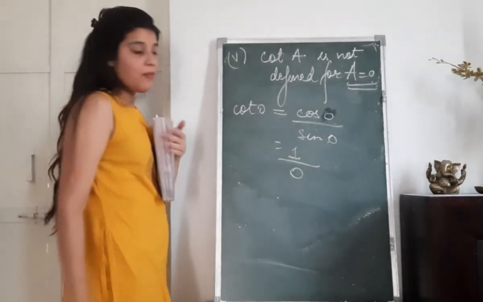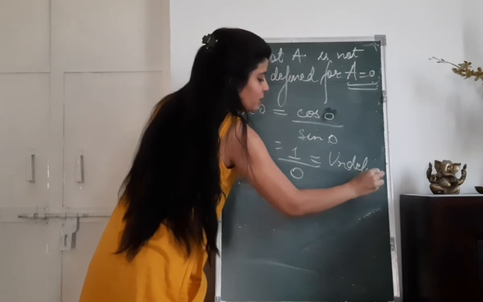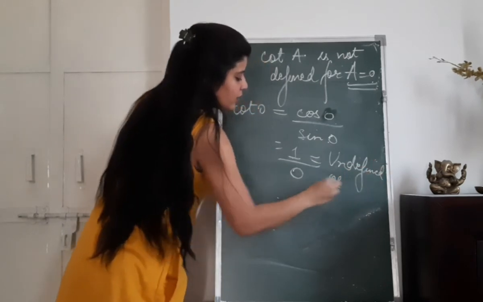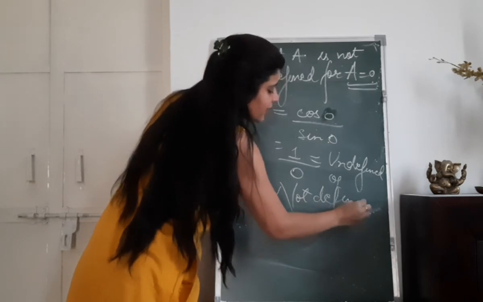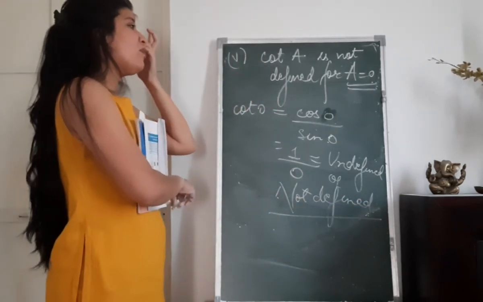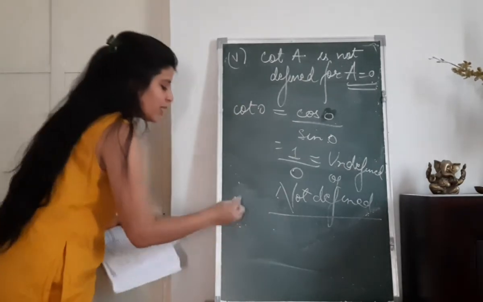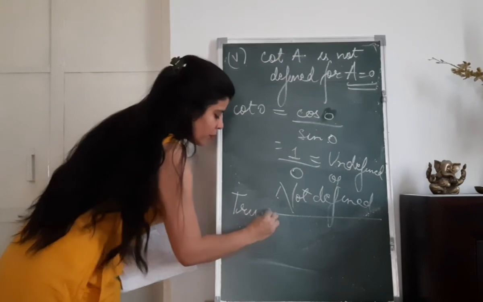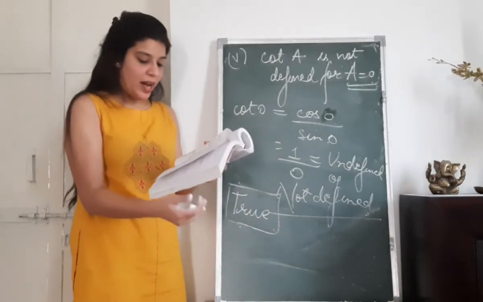Is 1 upon 0 defined? No. 1 upon 0 is undefined, which is what the statement is saying, that cot A is not defined for A equal to 0. Therefore, this statement is true. Hence, your answer is going to be true for this part.